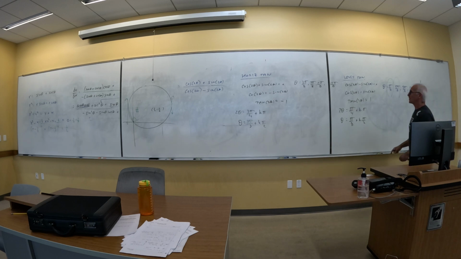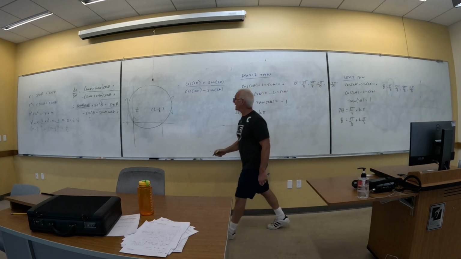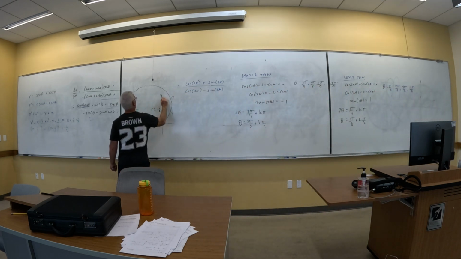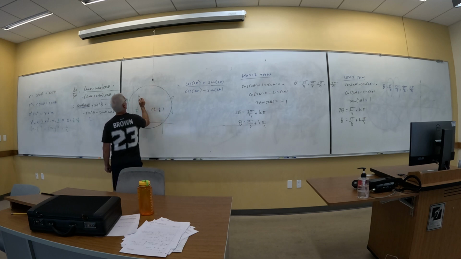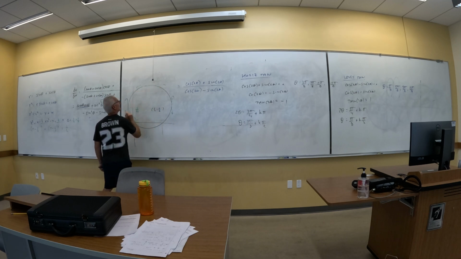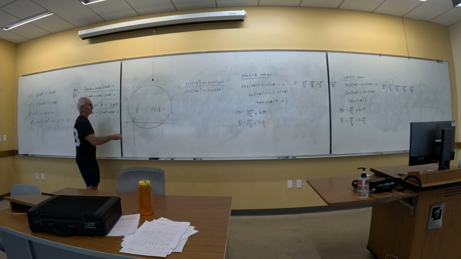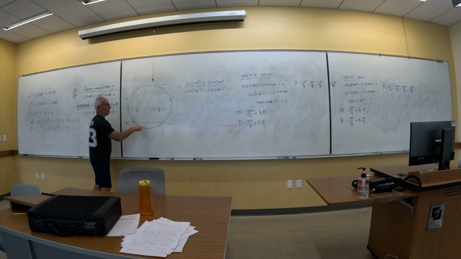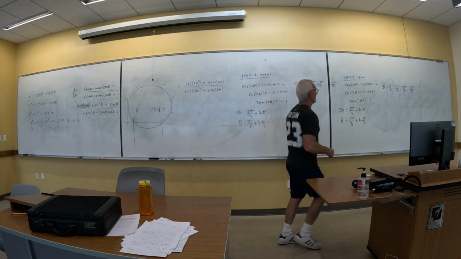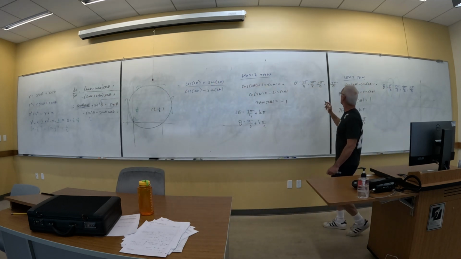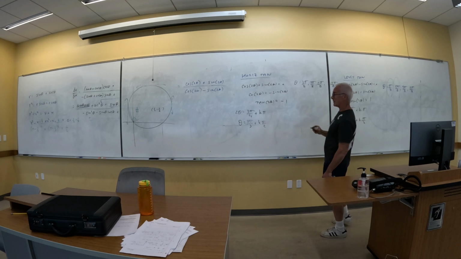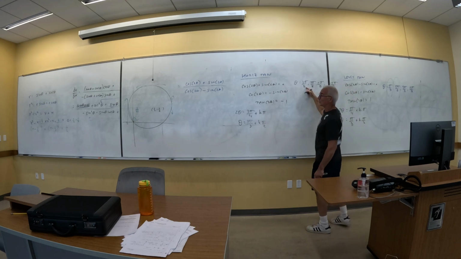Okay, now let's look at the horizontal tangents. 3 pi over 8, well, if that's pi over 4, then 3 pi over 8 should put me about here. Ooh. Okay, now I'm all the way over here. Oops, no, the wrong one. Where am I now? The first one I just said was 3 pi over 8.